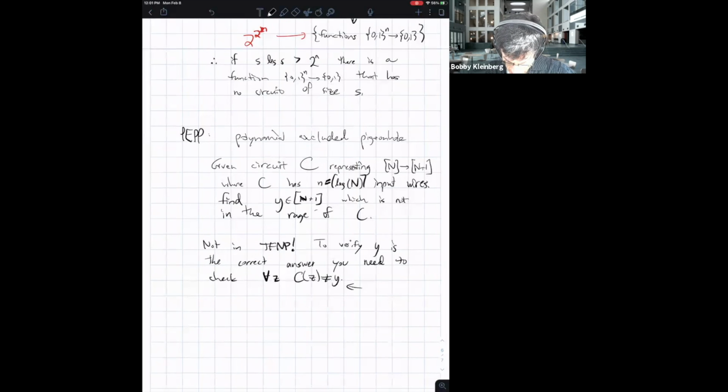Okay, so that's not a polynomial computation. It's a co-NP problem.